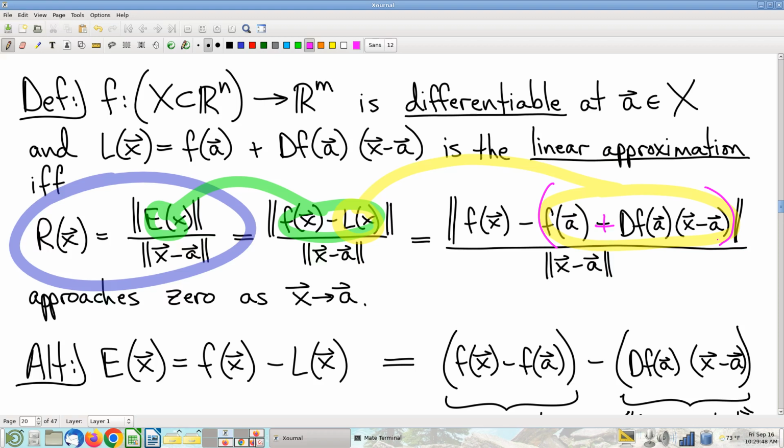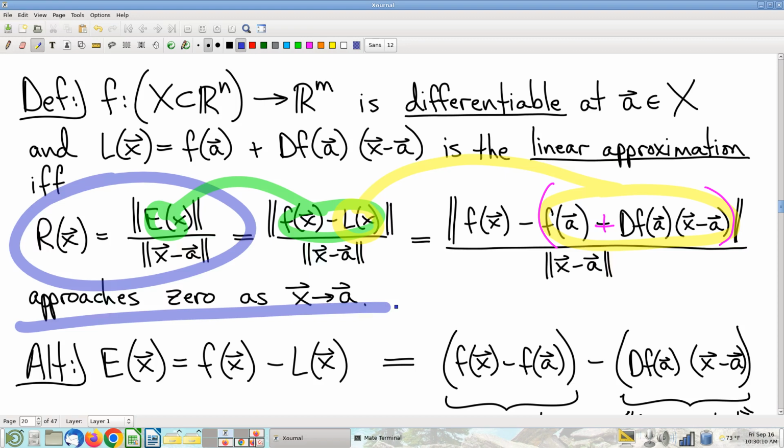So this great big monstrosity over here, this is the thing that I need to approach 0. It's kind of intimidating to look at, but ultimately all that's saying is I want my relative error to approach 0. That's it. So this is the definition of differentiability.